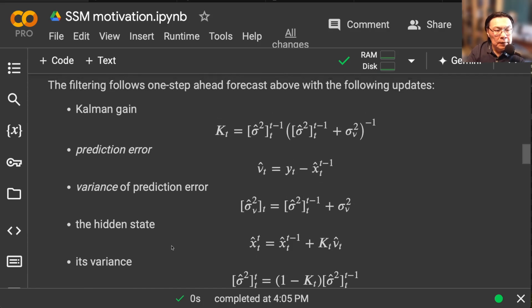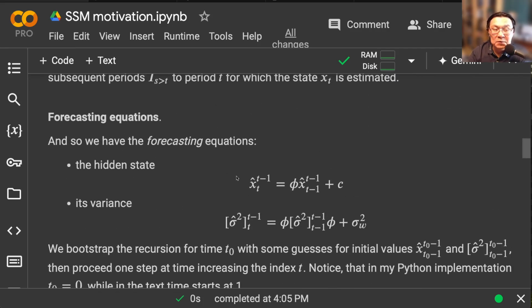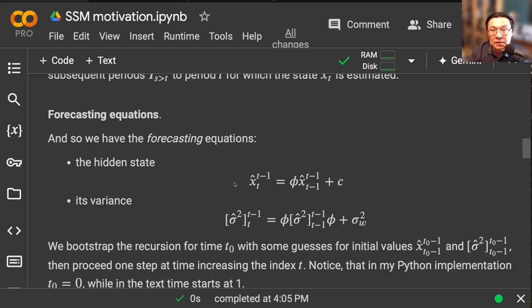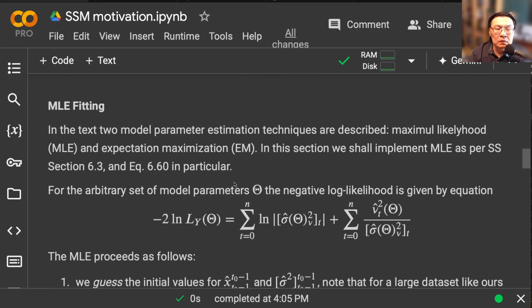Okay, good. So there's 5 equations here, and then 2 equations in the forecasting. It seems in total 7 equations. So we have to implement those 7 equations in the Python code.